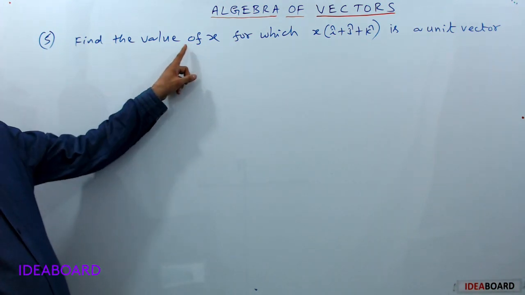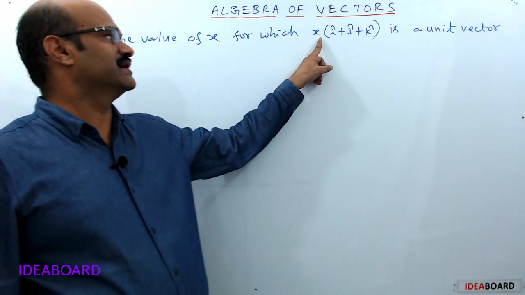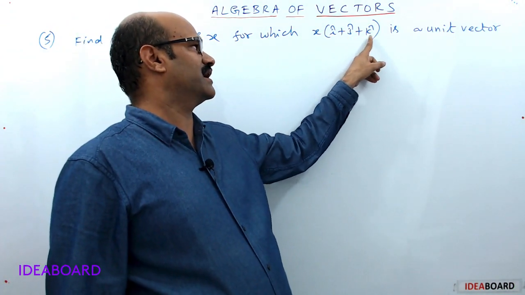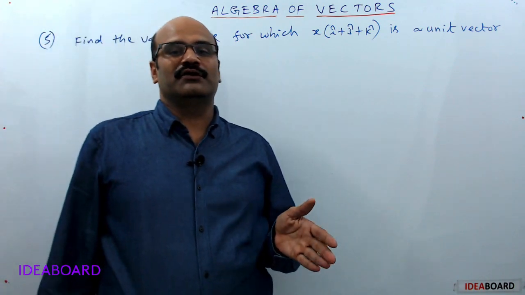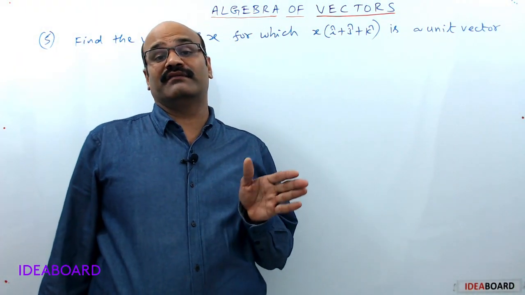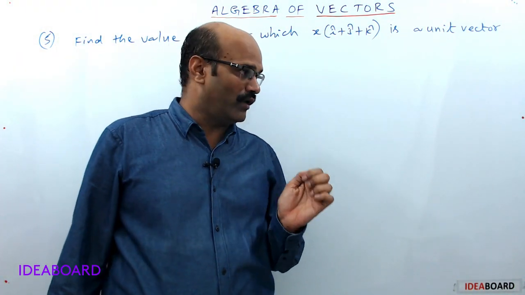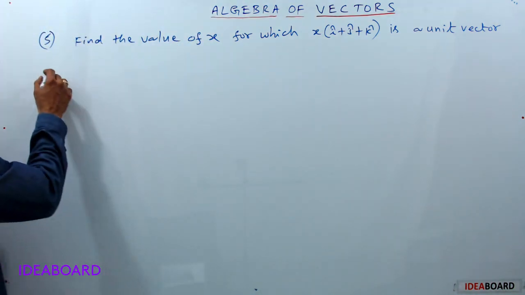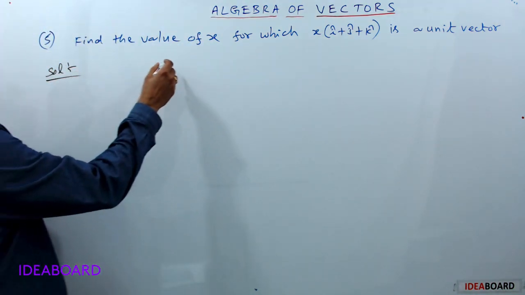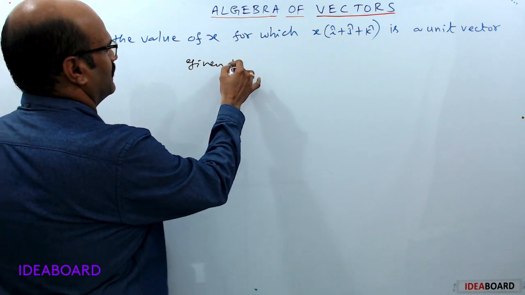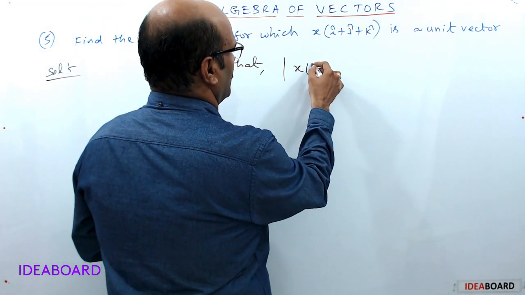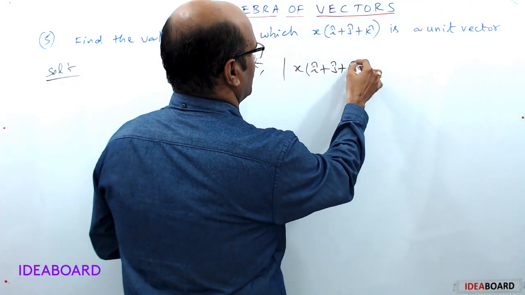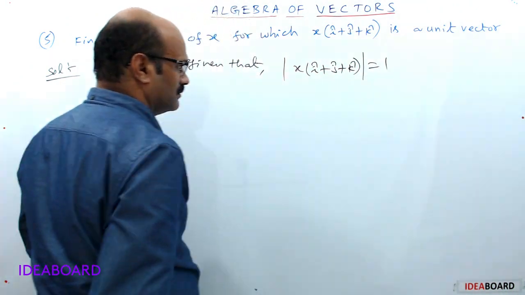Fifth problem: find the value of x for which x into i cap plus j cap plus k cap is a unit vector. We know that unit vector means the magnitude of the given vector is equal to 1. Solution: given that magnitude of x into i cap plus j cap plus k cap equal to 1.